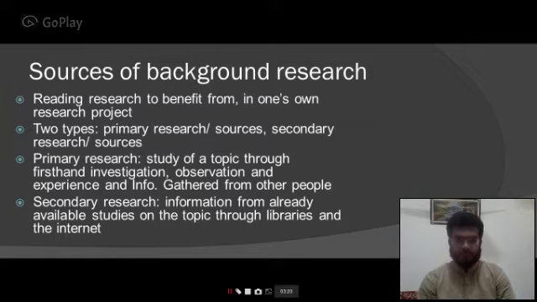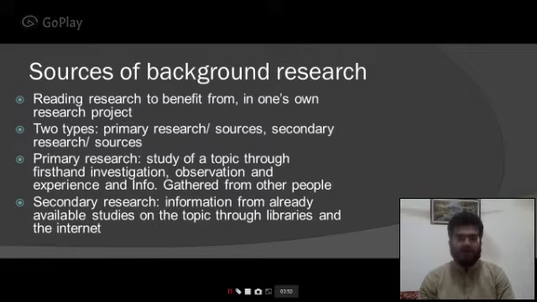So this is a kind of reading which is the foundation and starting point of your research. That is why it is called primary research. And all the sources that we use in this context are called primary sources.